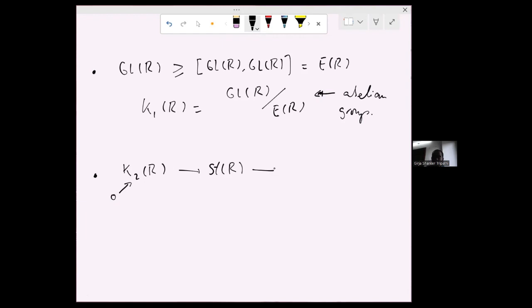I'm sure you would have seen this. To GLR there is this map, and there is this exact sequence here.